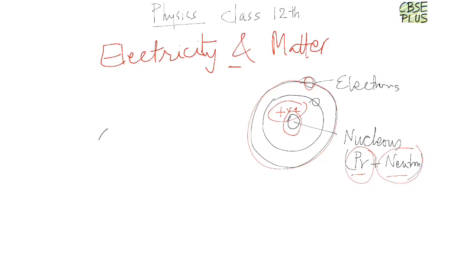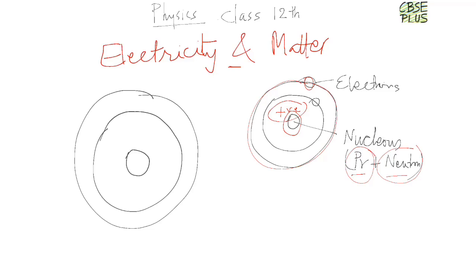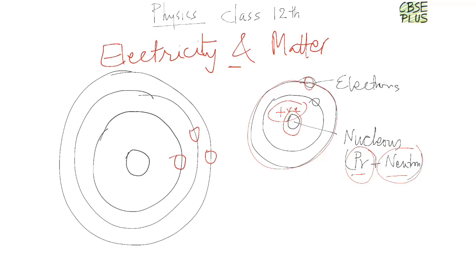Let's construct an atom which has a nucleus at the center, and there are orbits. Orbits are the routes in which electrons travel. Suppose we have electrons here and then other electrons in further orbits; there can be more than one electron, depending on valency, which you will learn in chemistry classes. Here, just for understanding, there are electrons in the orbits and protons in the nucleus.